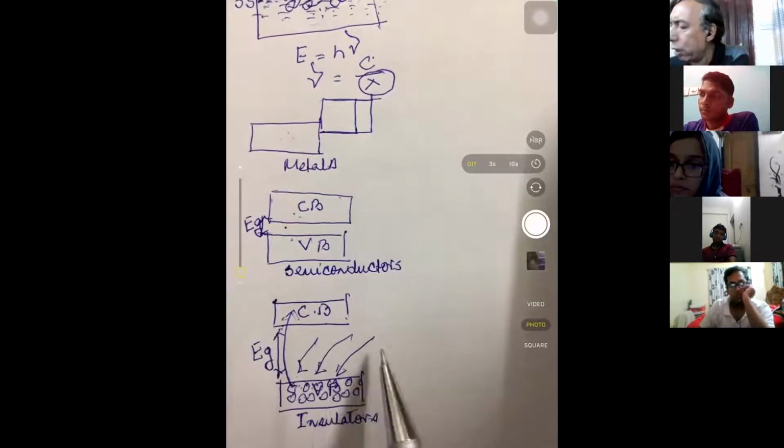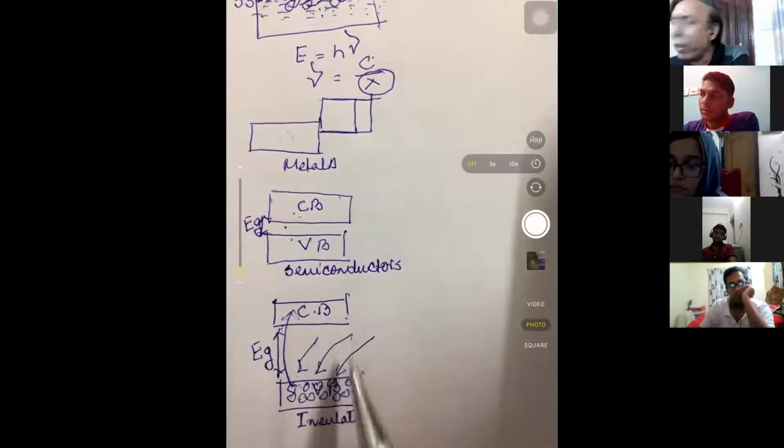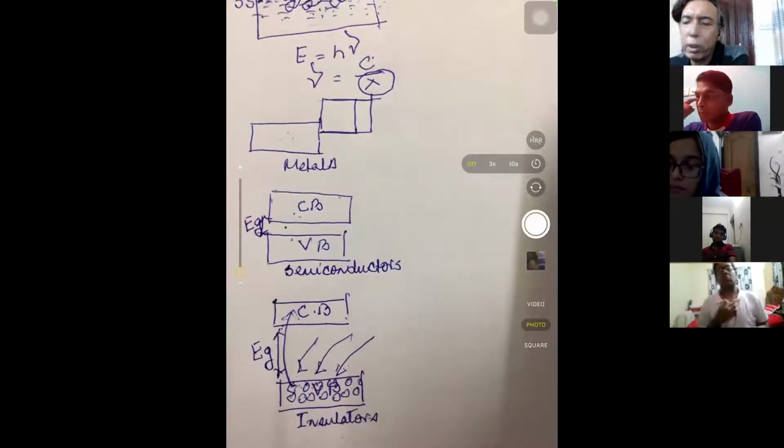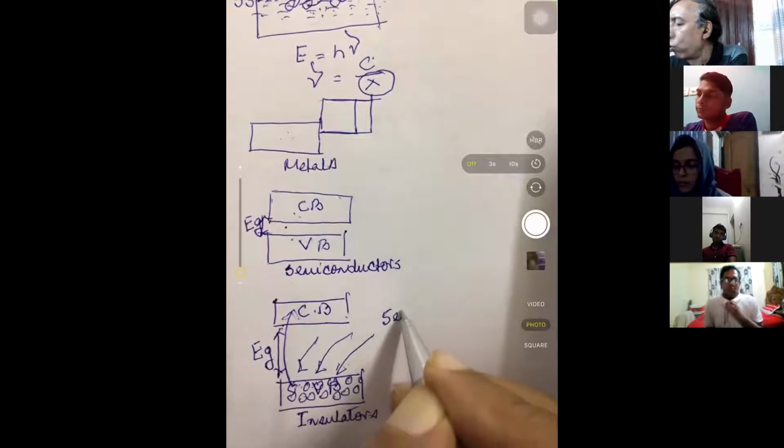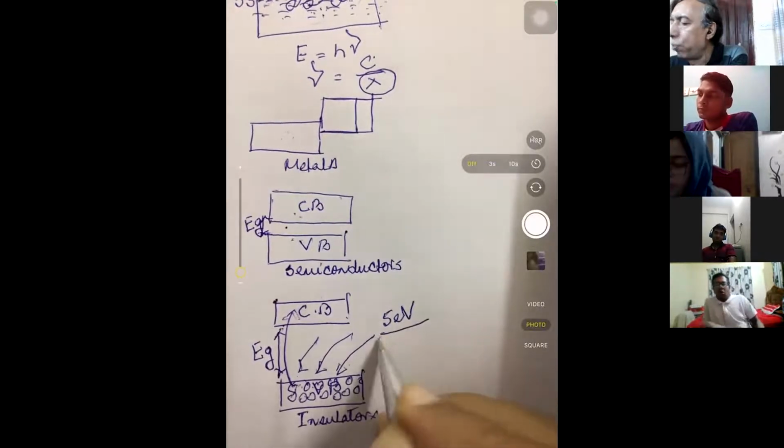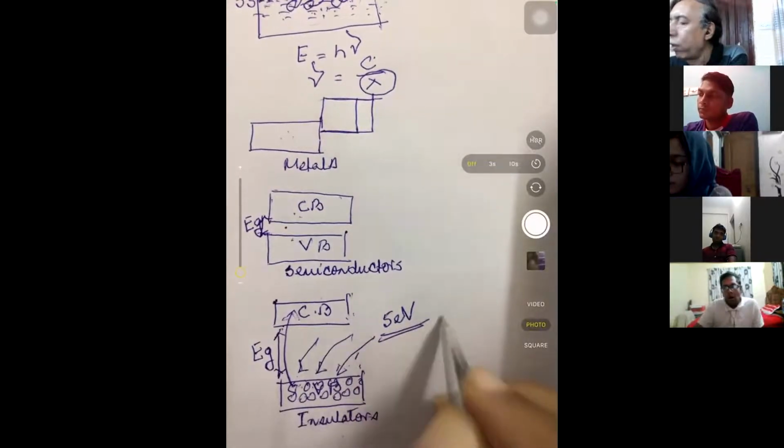But this band gap is very large. For example, this band gap is about 5 electron volt.